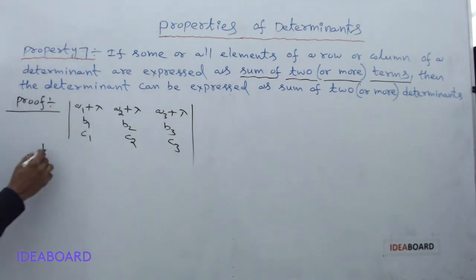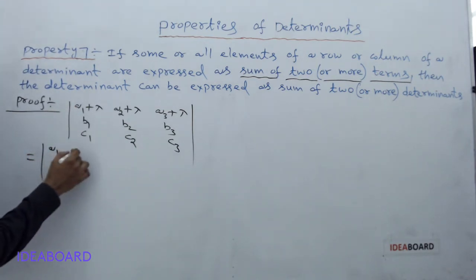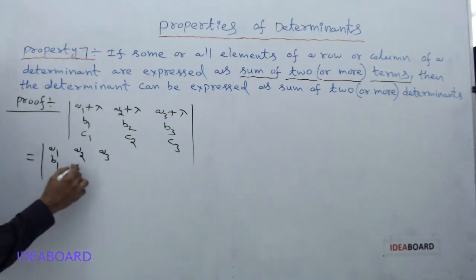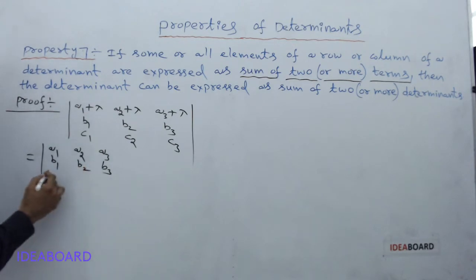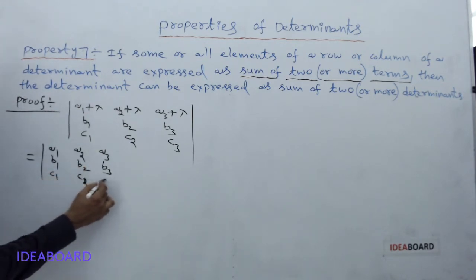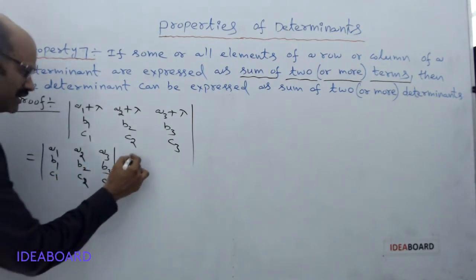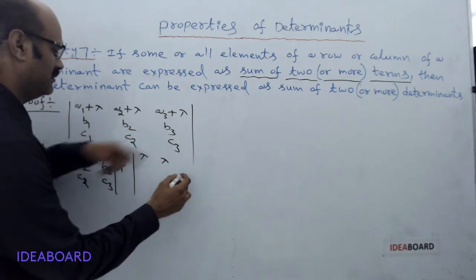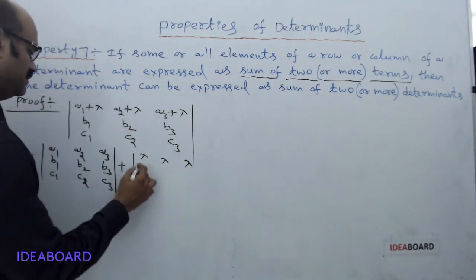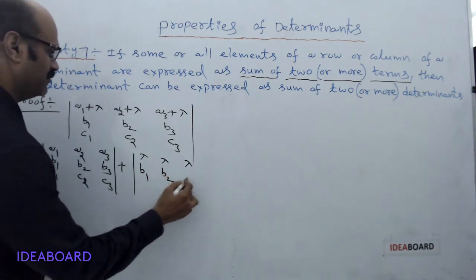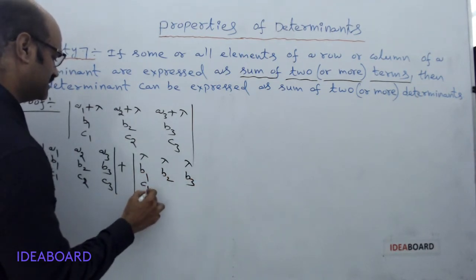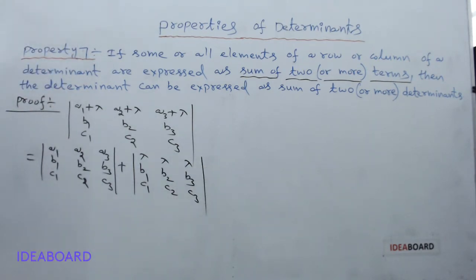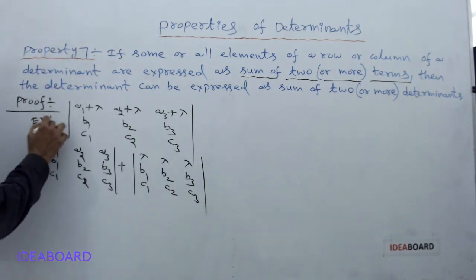So it implies this can be written as the determinant of a1, a2, a3, b1, b2, b3, c1, c2, c3 plus determinant of lambda, lambda, lambda, b1, b2, b3, c1, c2, c3. This is the example.